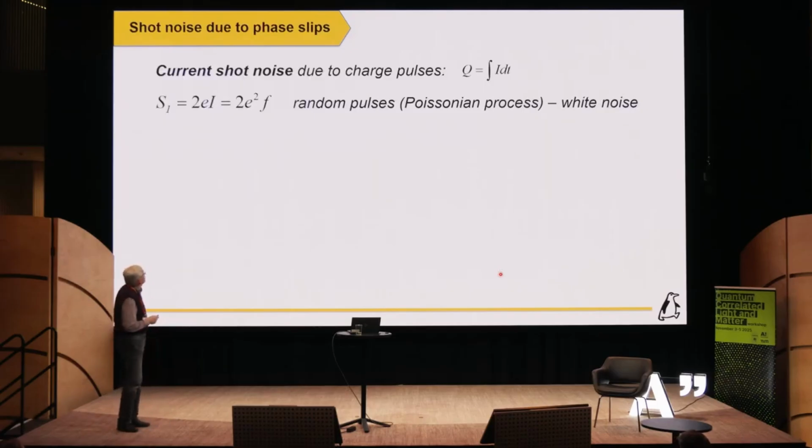And how do we measure that? So you know the shot noise. You have charge, the integral of current, and the basic unit is e. So here is your shot noise, 2eI, and you can write it in terms of frequency, e squared f.